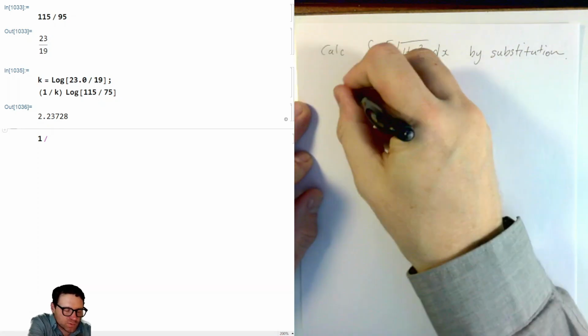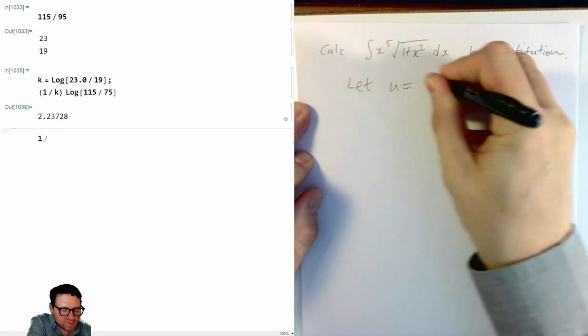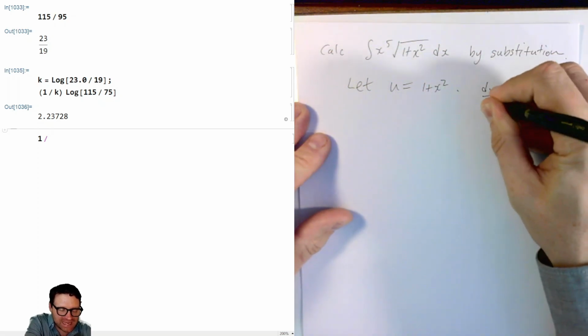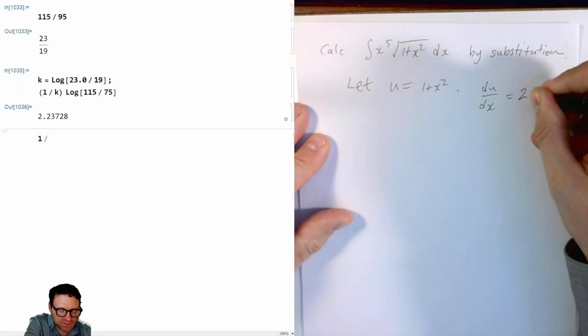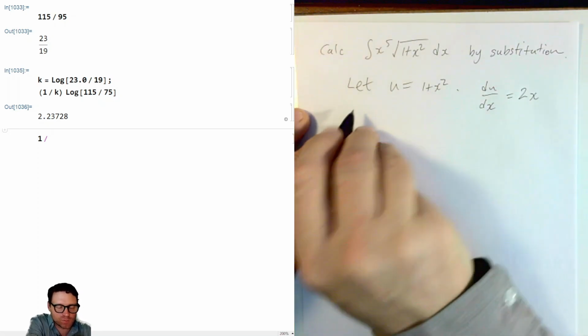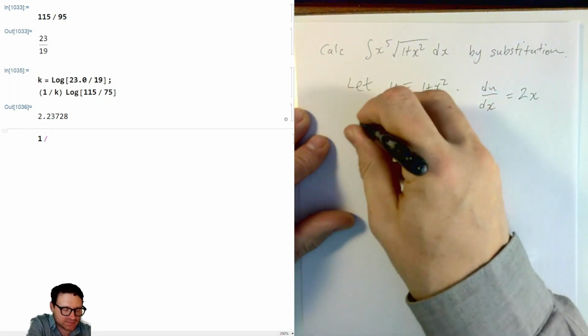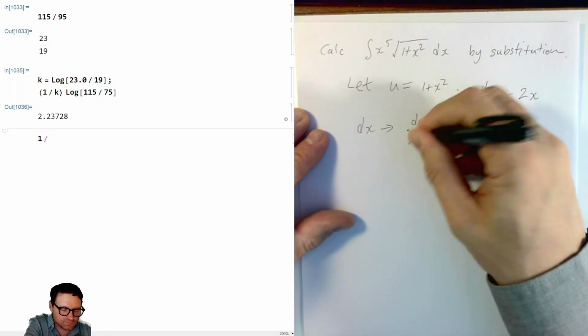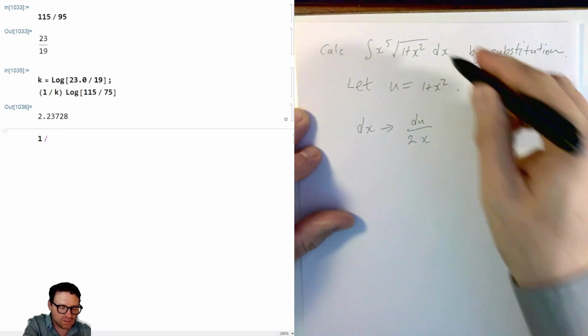Okay, so to do this, we want to let u be equal to 1 plus x squared and take du on dx. We get 2x. That tells us how to replace dx in the integral.